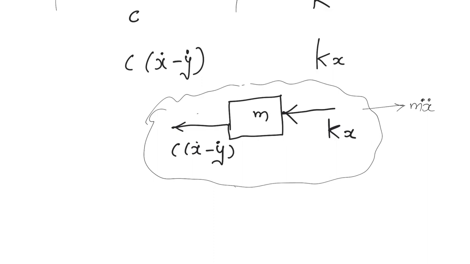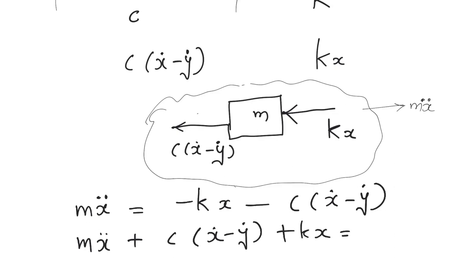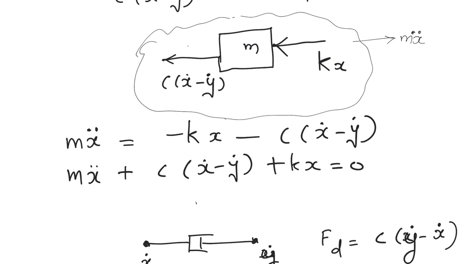Summing up the forces in the direction of positive x, m x double dot, the mass times acceleration, is equal to the sum of the net forces acting on the system: minus kx, because it is resisting the motion in the positive direction of x, and then minus c into x dot minus y dot. So just rearranging the terms, we have this particular expression, which is the governing differential equation of the system. I hope that makes sense. So this is the answer.